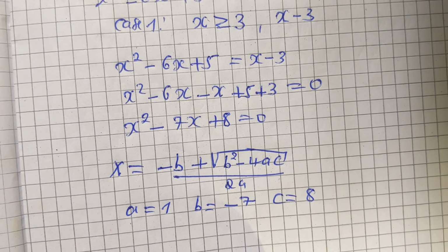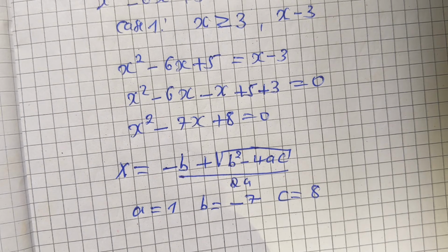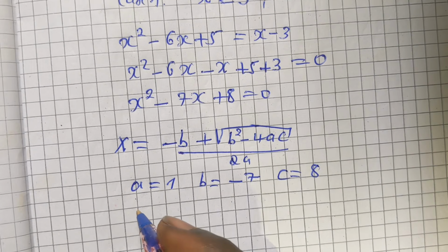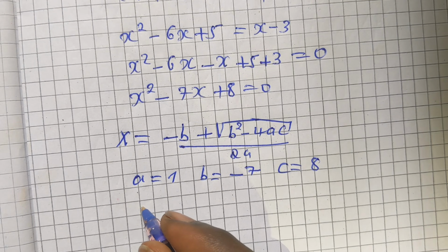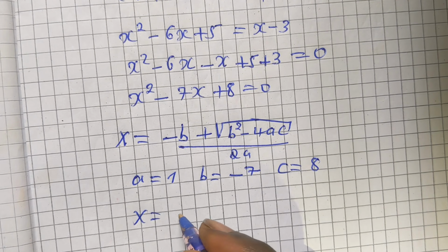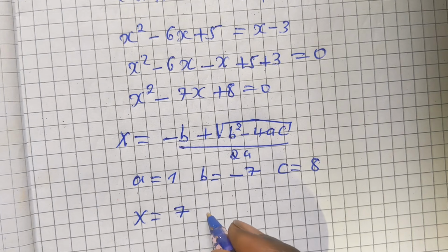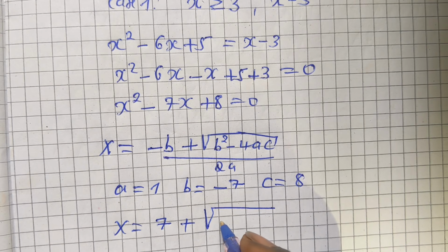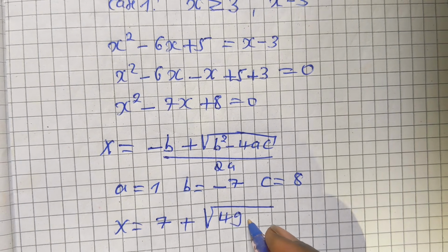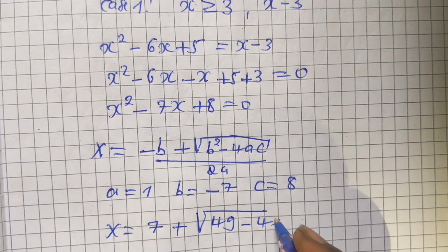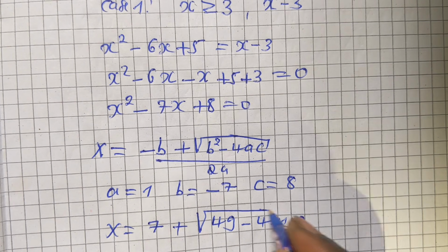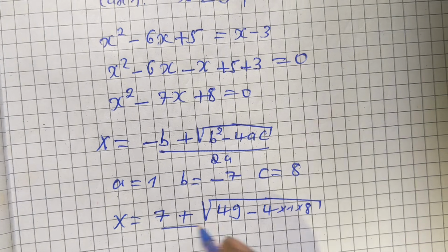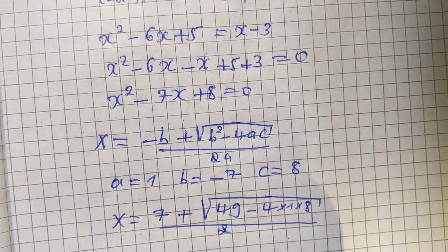So we are going to replace into this equation to find the value of x. By replacing, x will be equal to negative b, it will be 7, plus the square root of b square, which is 49, negative 4 times a equal 1, times c which is 8, divided by 2a, and a equal 1, we'll be having 2.